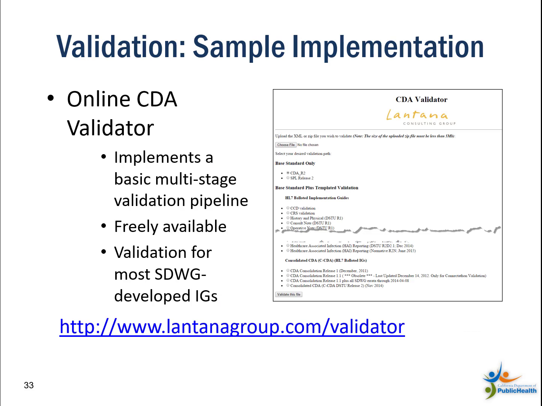To perform validation against test NHSN HAI report files, there is a freely available online testing tool provided by Lantana, which supports both schema validation and schematron validation for different versions of NHSN HAI reports.